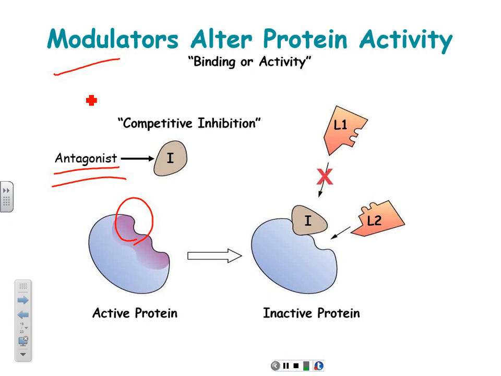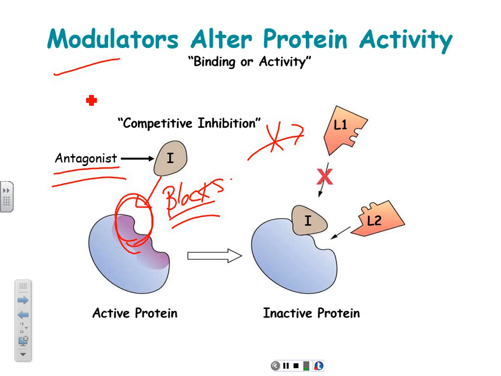An antagonist binds and occupies the active site, but it doesn't do anything. It blocks the active site so that the normal ligand can't bind with it. It's an inhibitor.